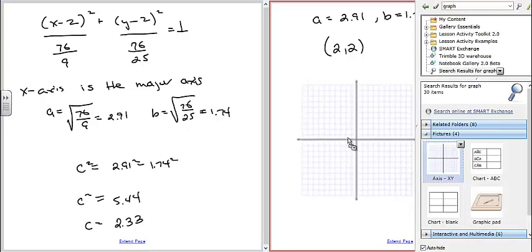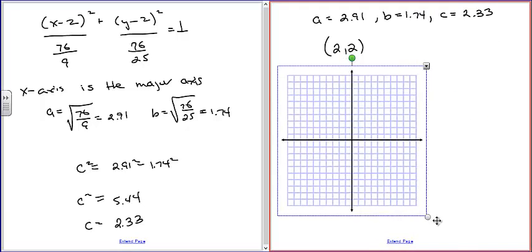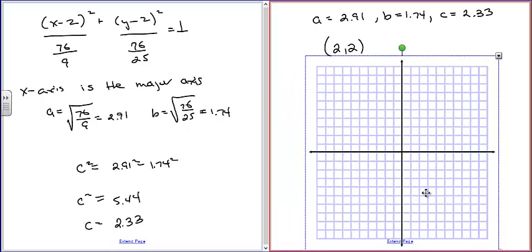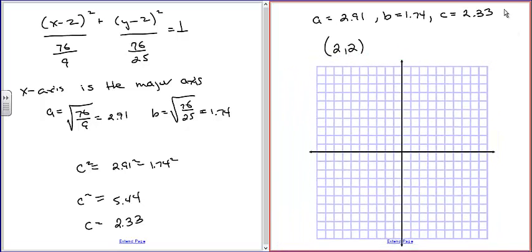So it's a sketch, so I don't have to be perfectly accurate. And these are pretty small numbers, but I think we'll still use a normal scaling. Okay, so 2, 2. There's my center.